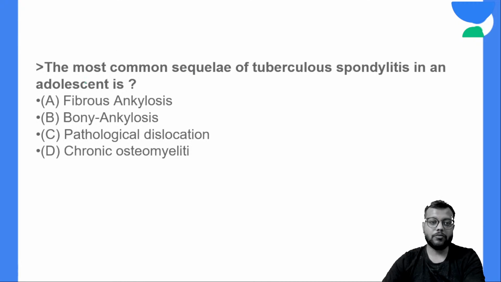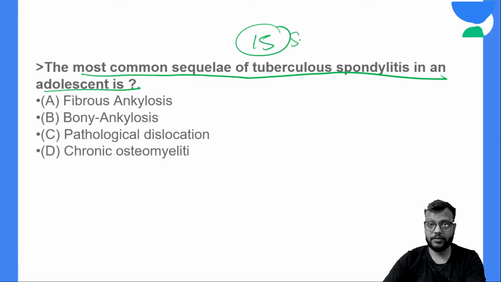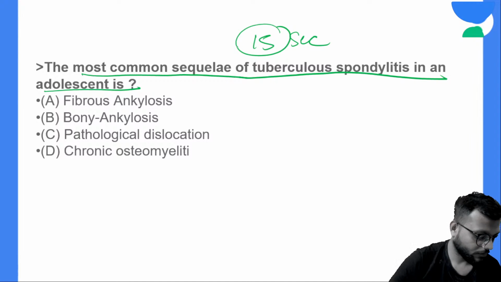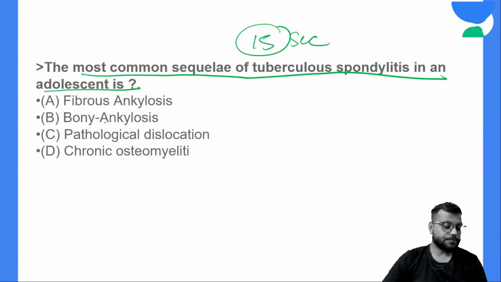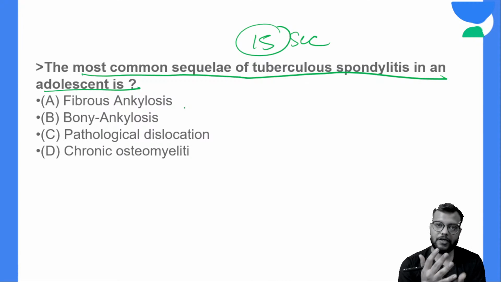Okay, now the most common sequelae of tuberculosis spondylitis in an adolescent is a very important question. Here are your 15 seconds. Okay, so very important, remember that there is ankylosis in case of tuberculosis, especially when it is healed. Ankylosis is disruption of the joint or fusion of the joints.